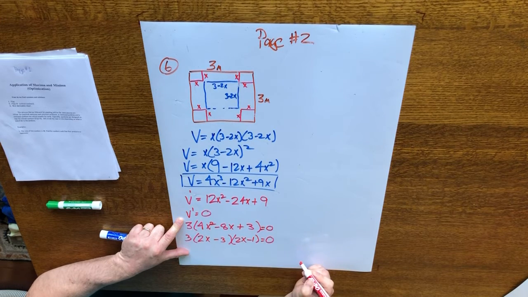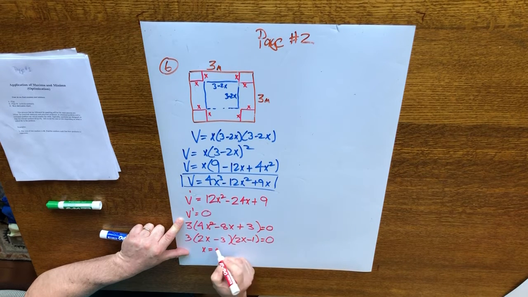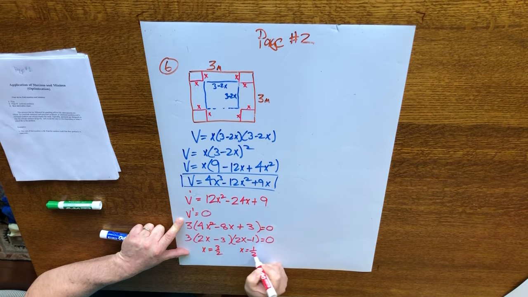So you can check my math on that, but I think if you factor this using our trinomial, you get this. So x either equals 3 over 2, or x equals 1/2. So you get two possible solutions here. One of them works in this situation, one of them doesn't.